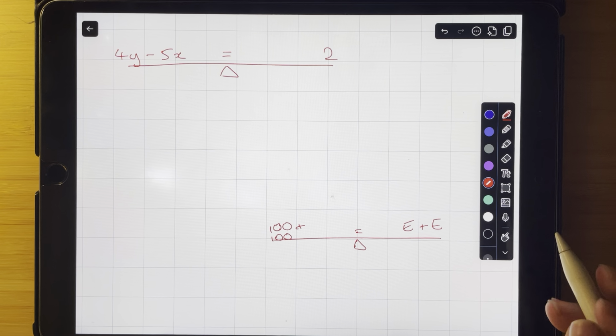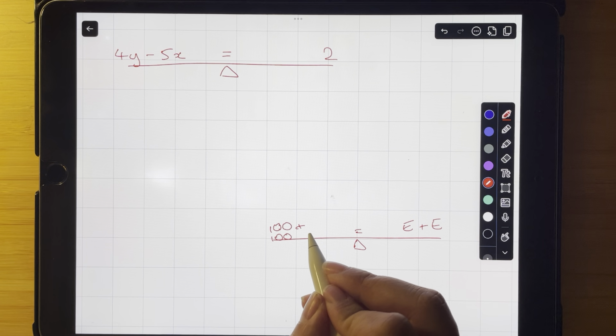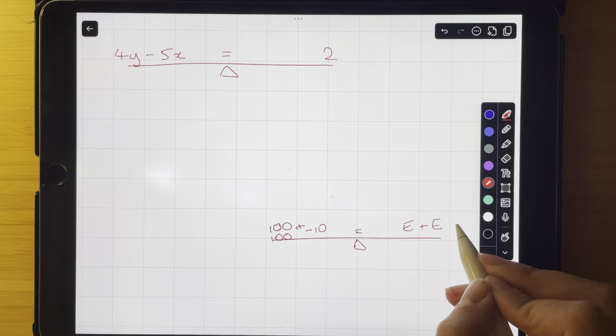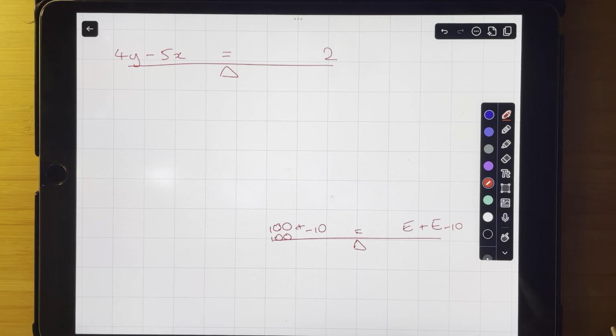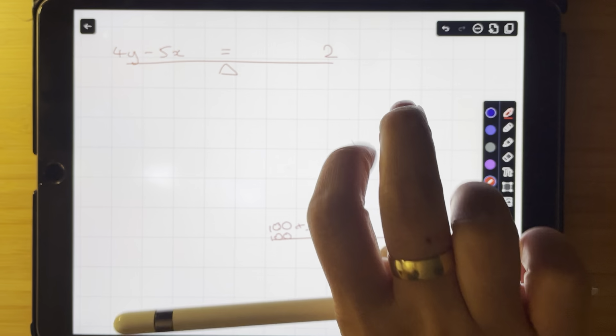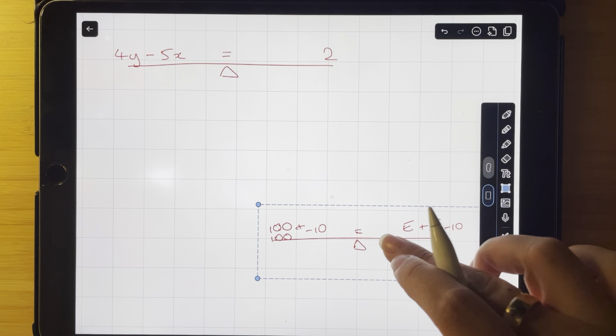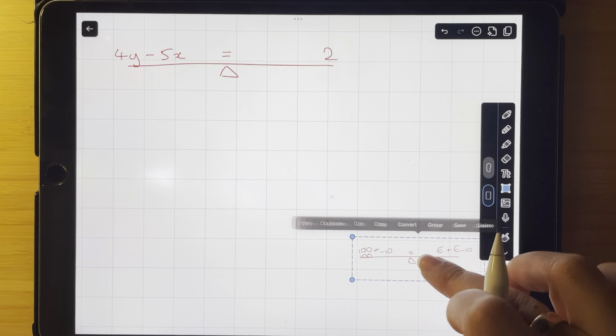Equally, if I just took away 10 kilograms from here, I need to do the same here, so minus 10. And that will make everything weigh the same. All right, so let's have that in mind.